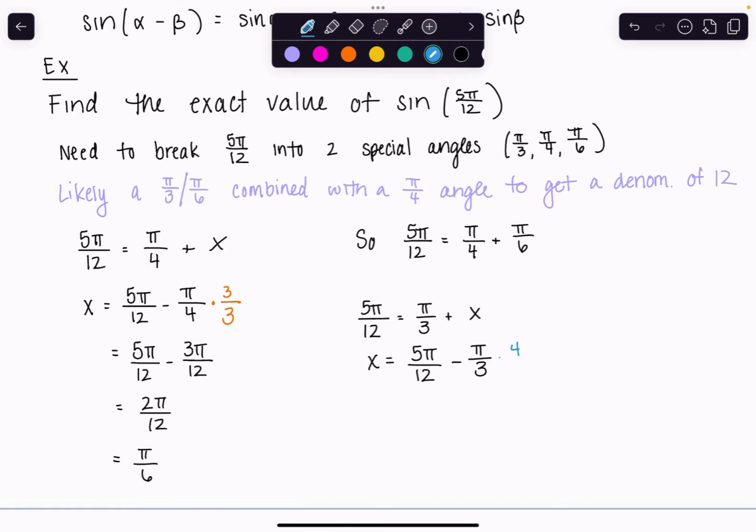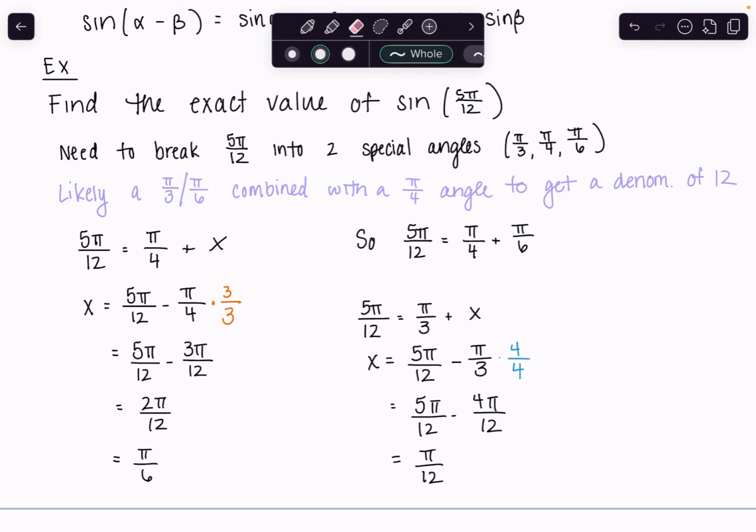And then to combine this, you need to multiply by 4 over 4. And so I'd get 5 pi over 12 minus 4 pi over 12. And if you look at that, well, that didn't end up working out. Pi over 12 is not a special angle. So I'm not able to break 5 pi over 12 as pi over 3 plus something else. So I'd have to try something different, okay?